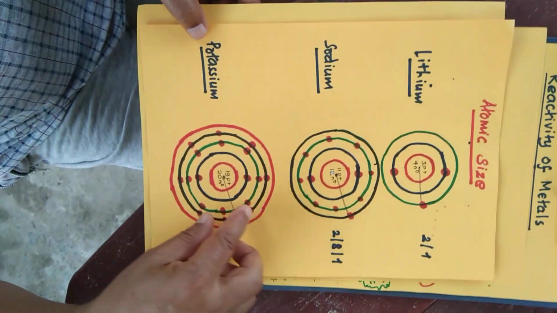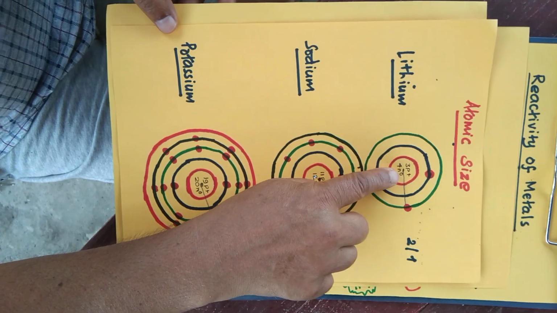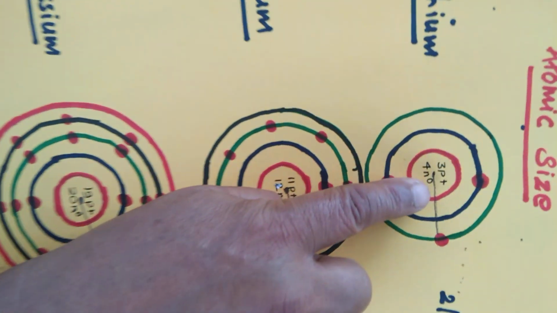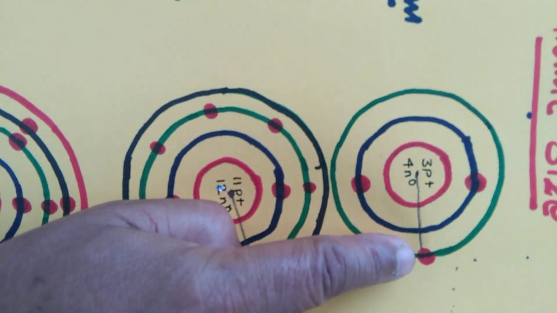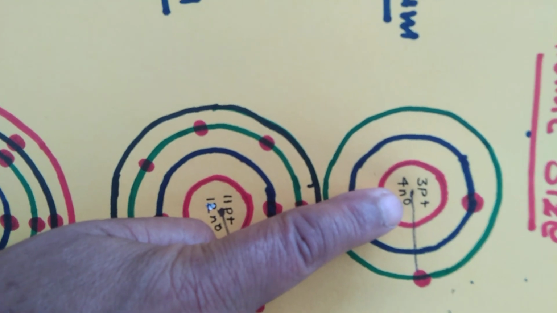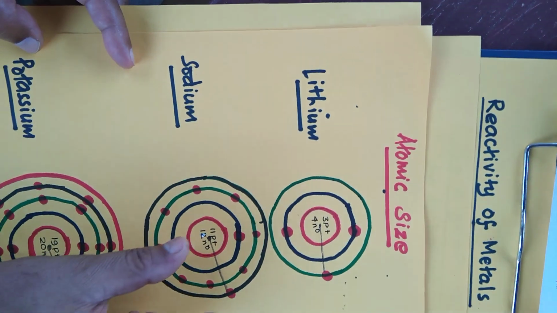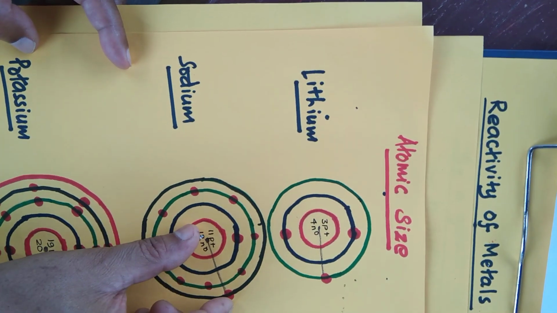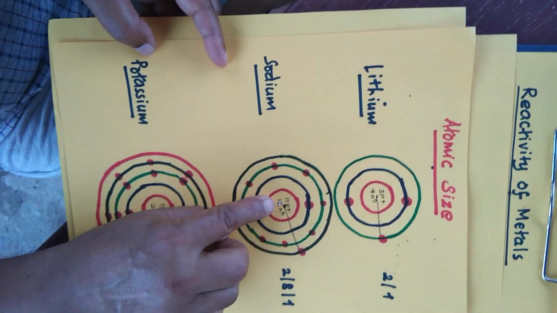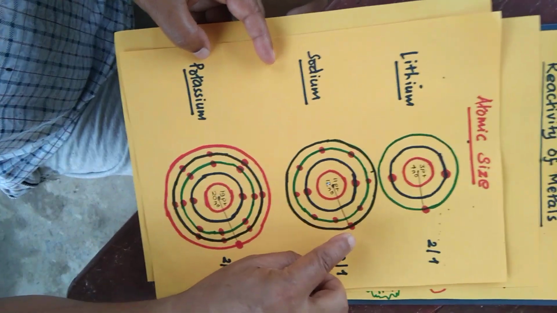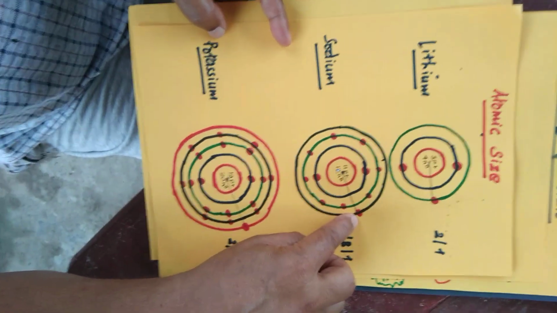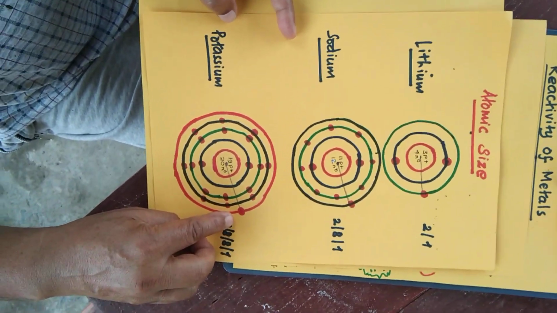So this is the electronic configuration. You can see the distance from the nucleus to the outermost electron of lithium is this distance, and here it is relatively bigger, because the distance from the nucleus to the outermost electron is in the third shell for sodium and in the fourth shell for potassium.